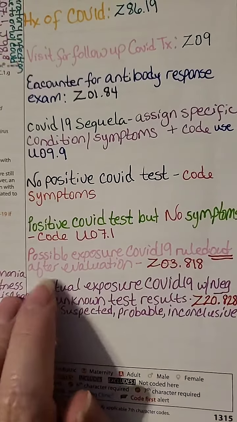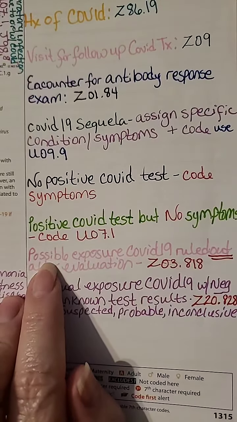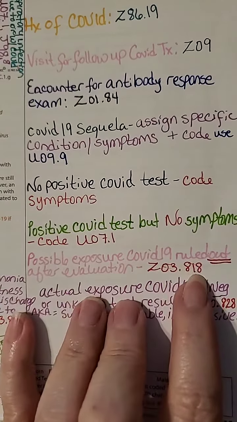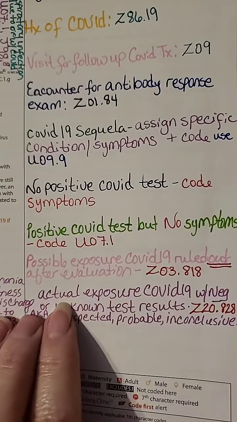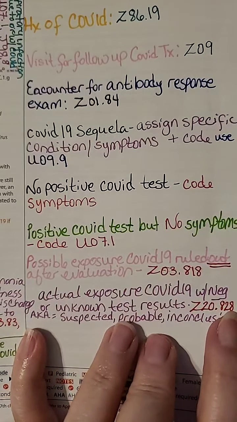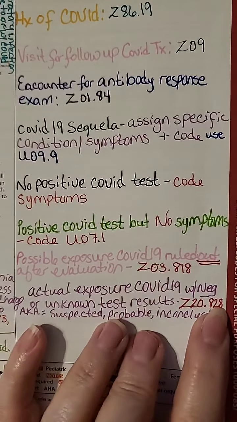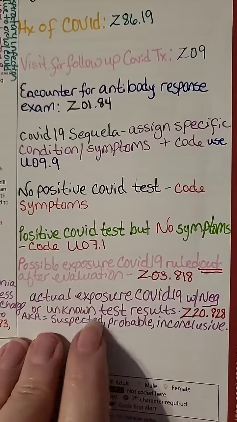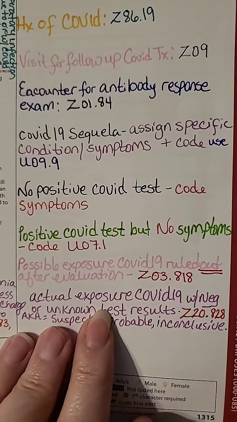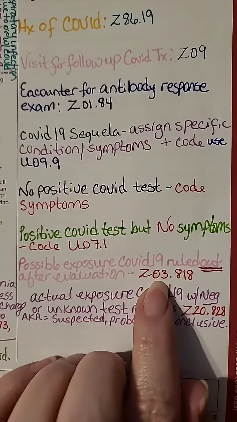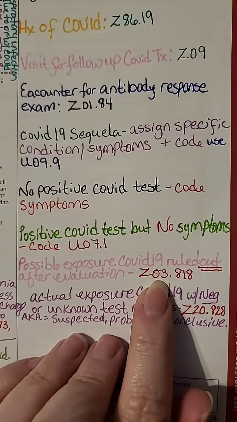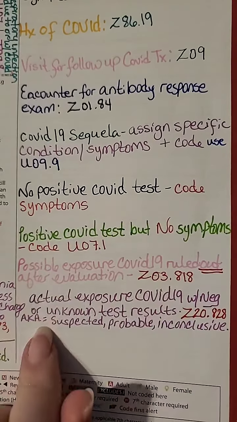Would you diagnose that as possible exposure with an 818, or as an actual exposure with a 828? I'm not sure on that one. I'm thinking that if you live with someone, that's actual exposure, right? Being a coworker, it depends on how close their activity was to you. But that's all the info we have.